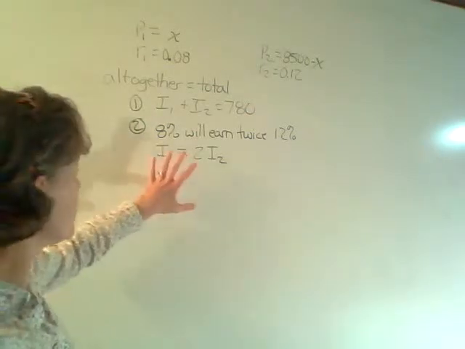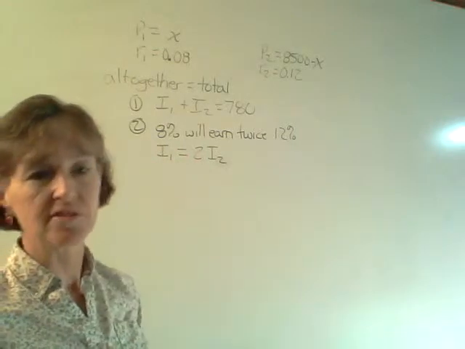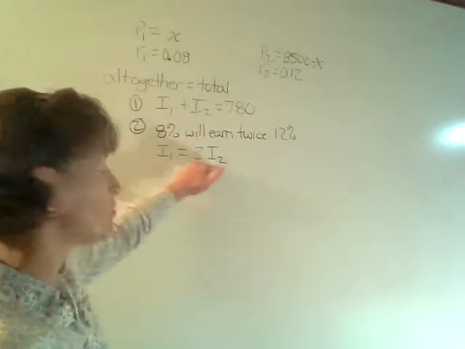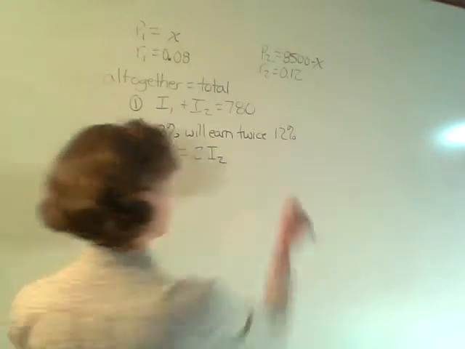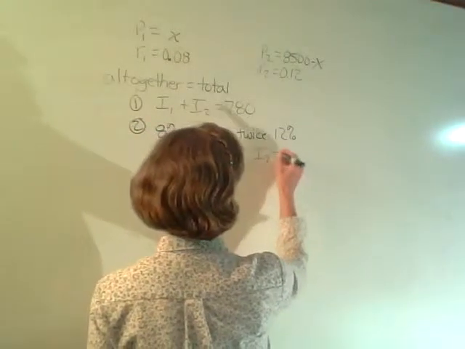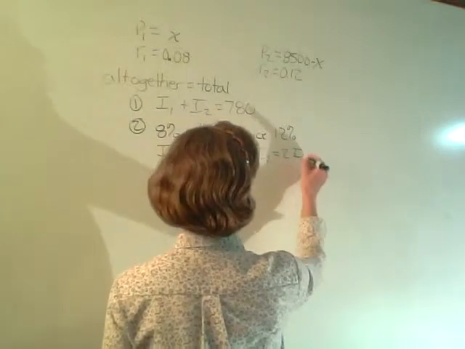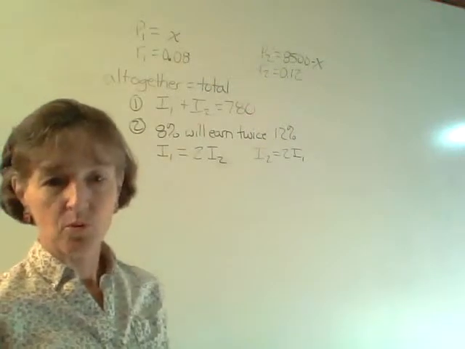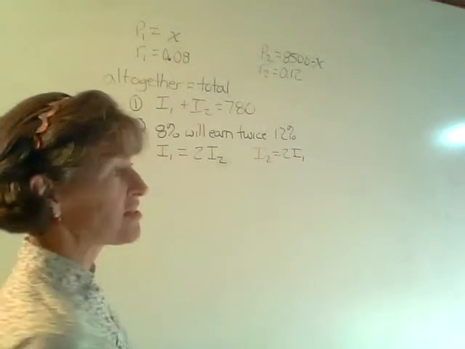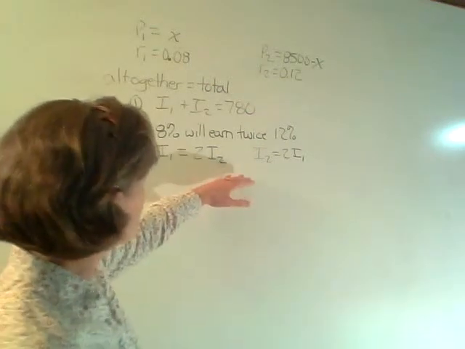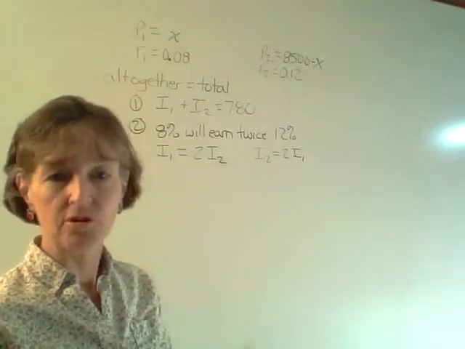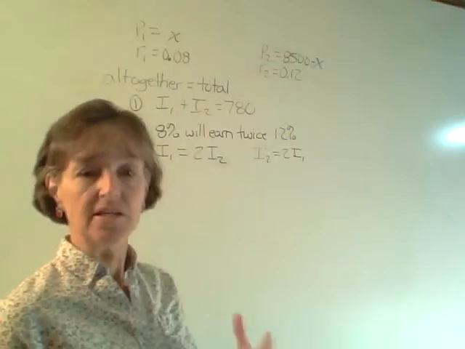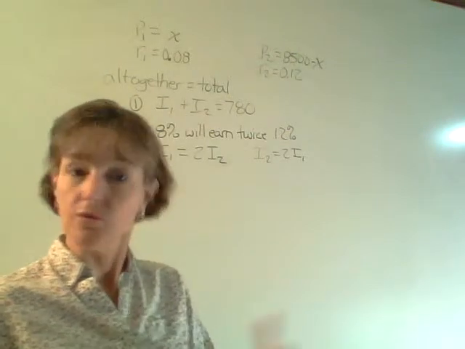Now, this is a tricky kind of problem for most students. They eventually get to where they know that I1 equals 2I2, or some of them might think that I2 equals 2I1. What I tell them to do, since they're not really sure, is to put a number in for I1 or I2 and then see what the other number is, and see, does the right account earn the most money?